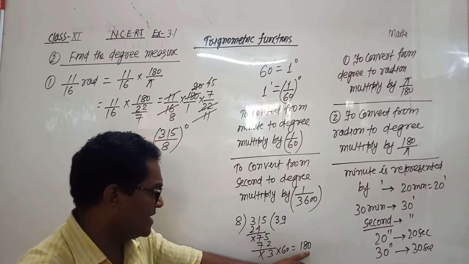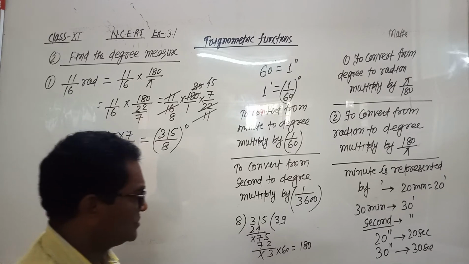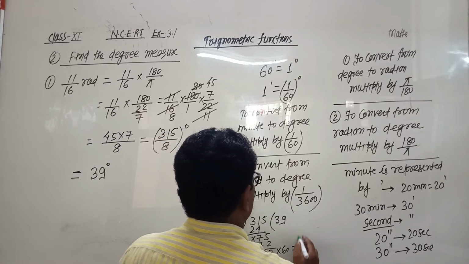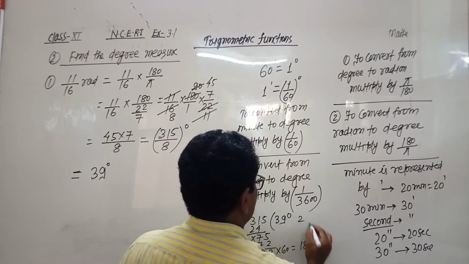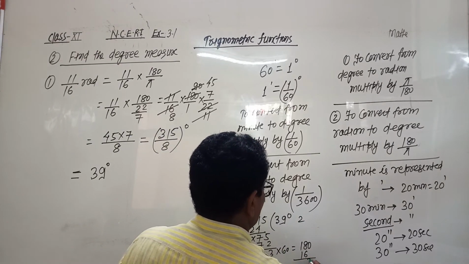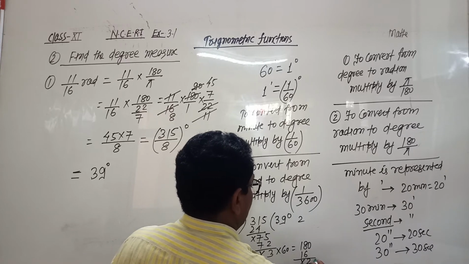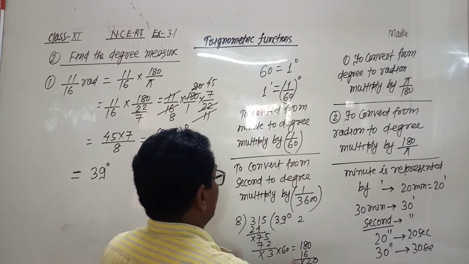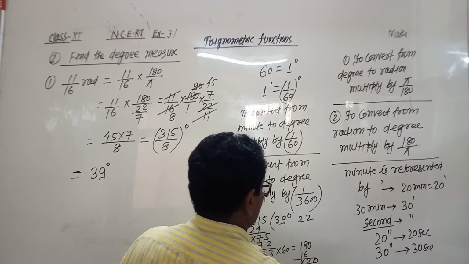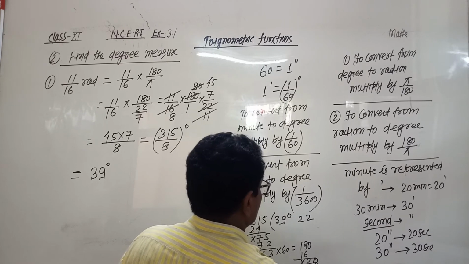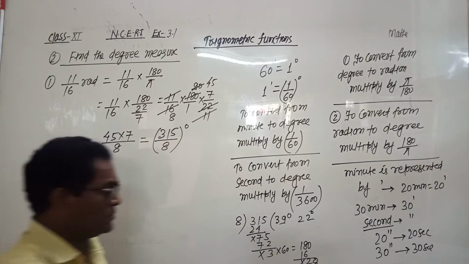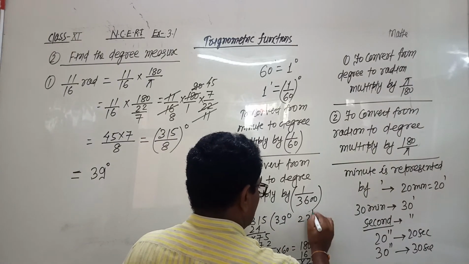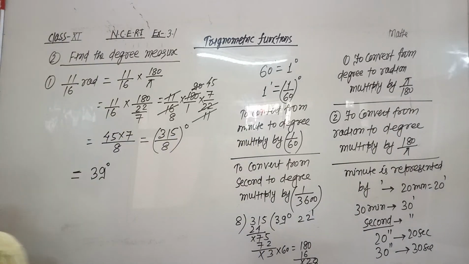Now divide 180 by 8. So 8 twos are 16, 2 carry and it comes 0. Again 8 twos are 16 and remainder comes to be 4. So we get 22 minutes.